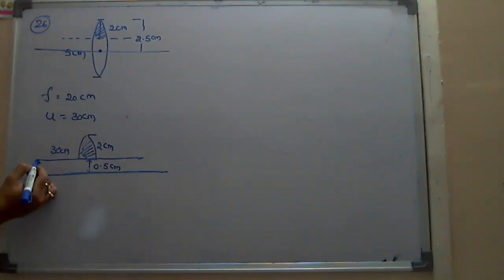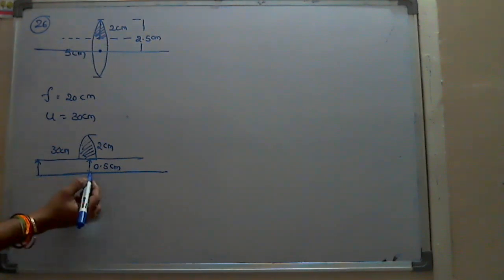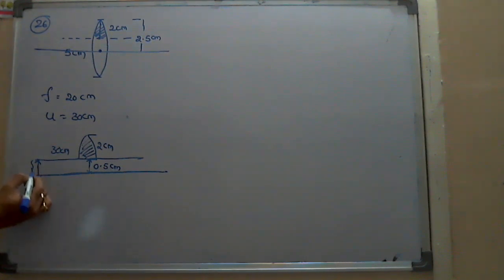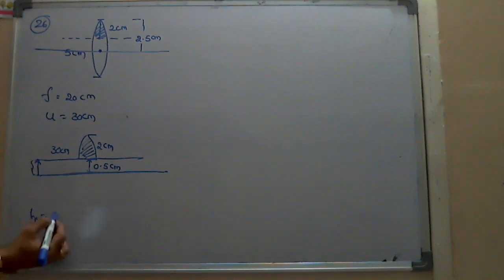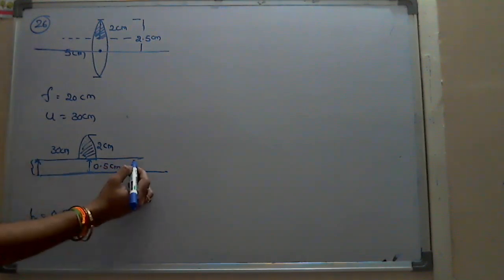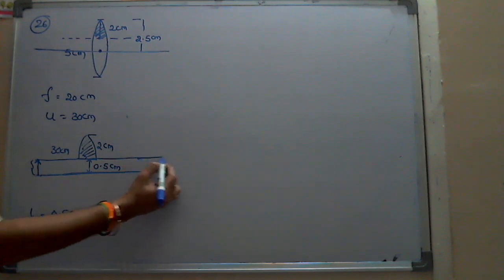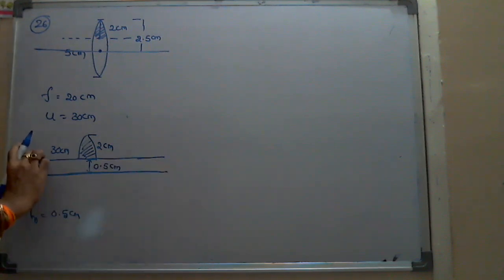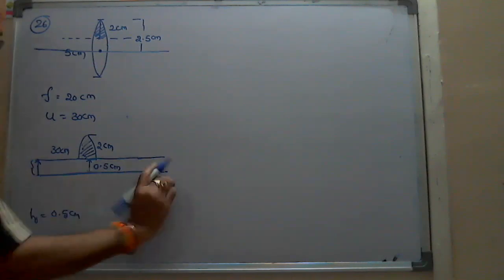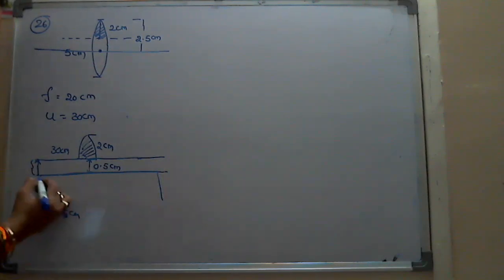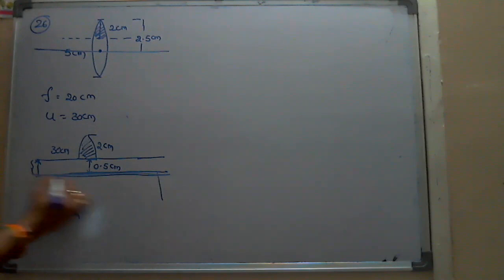So here the object is there, I am placing the head, and taking the tail on the original principal axis. And from the original principal axis, I am getting the height of the object as 0.5. So height of object is equal to 0.5. If you draw the ray diagram, you will get the image somewhere here. Okay. Object is erect means the image will be inverted like this from the original principal axis.